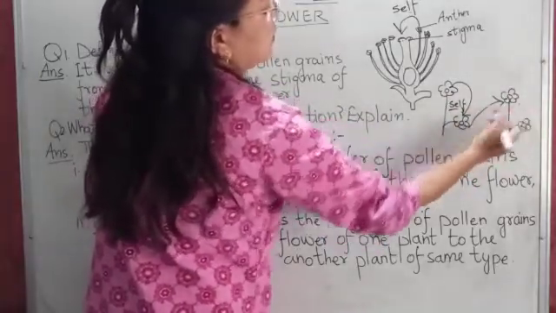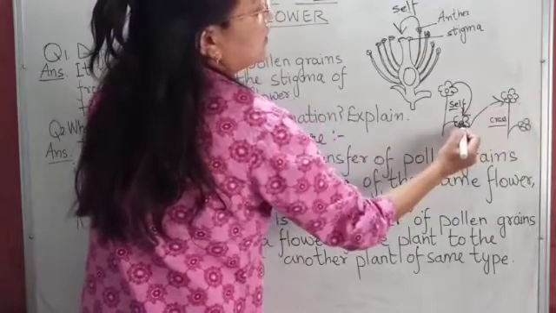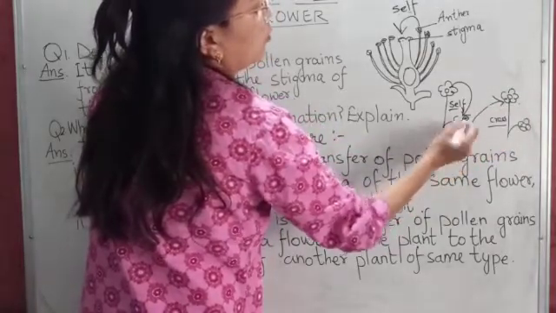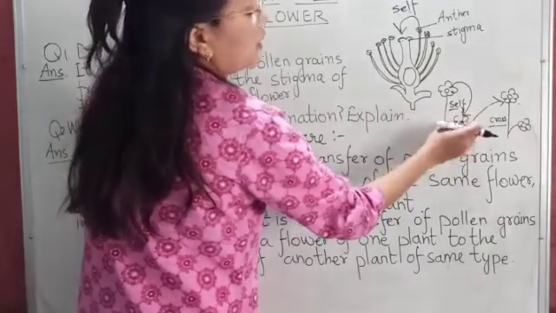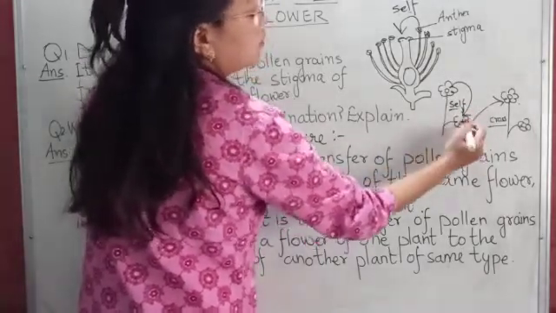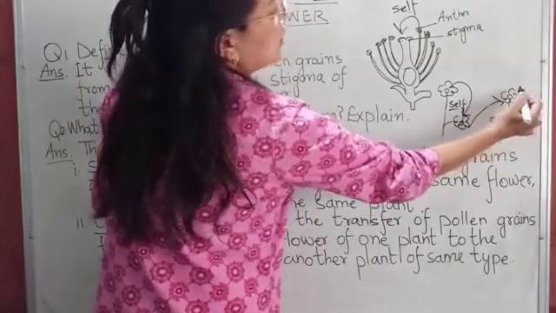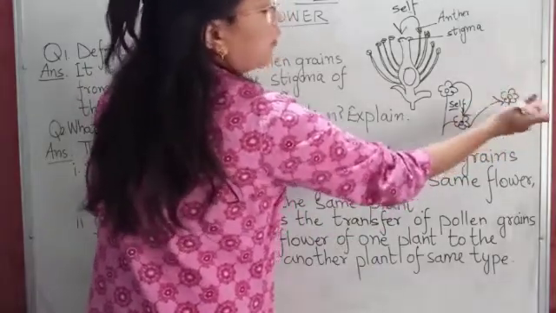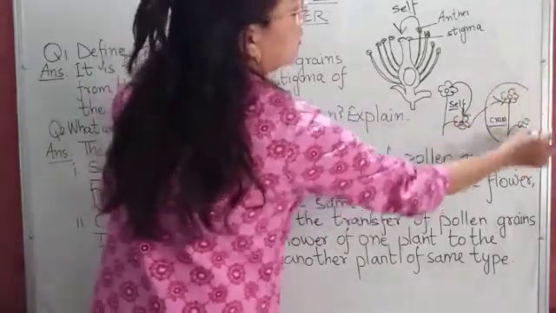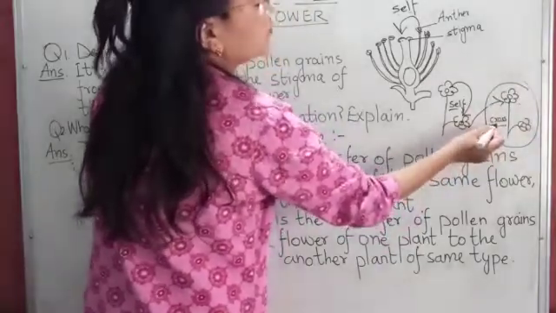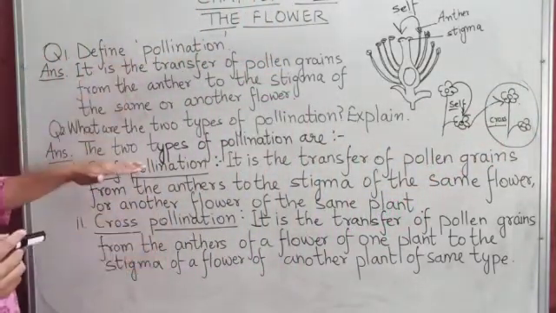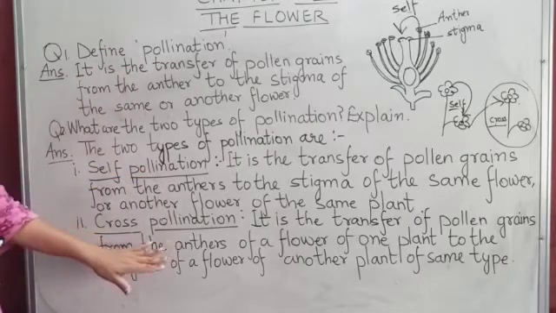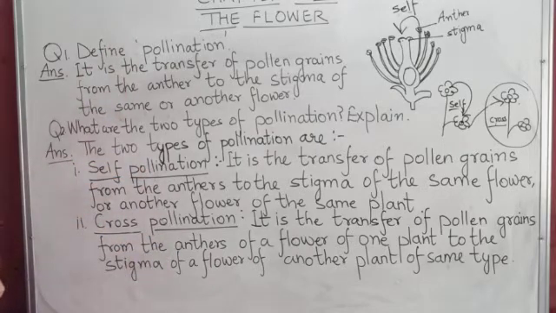This is the anther, and when the anther of this flower of this plant transfers pollen here to the stigma of another flower of another plant, it is called cross-pollination. So this is the difference between self-pollination and cross-pollination.